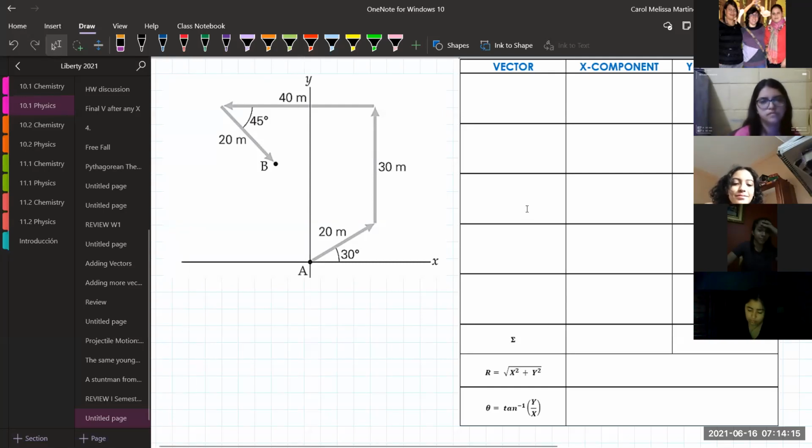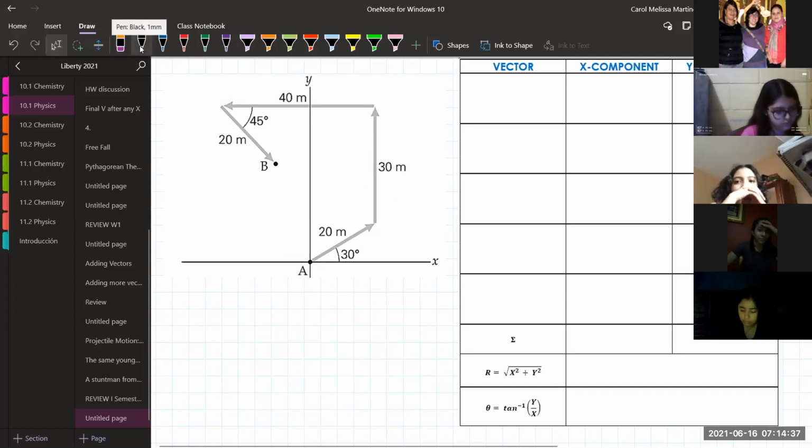So I wonder about the resultant. I want to know what the resultant is. The resultant is, in other words, the difference between the initial position and the final position.